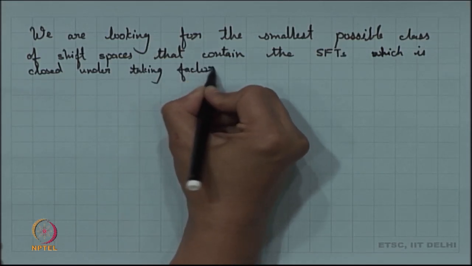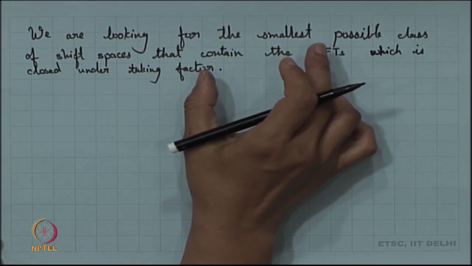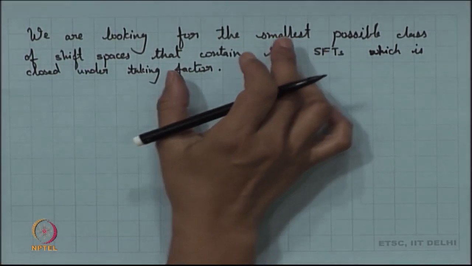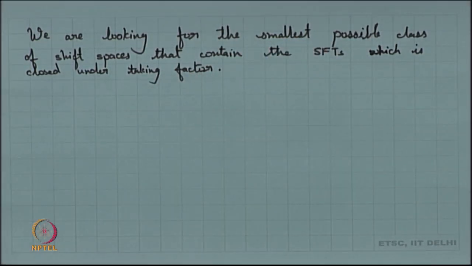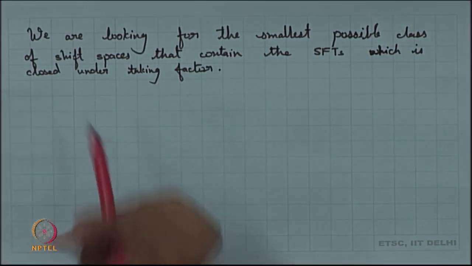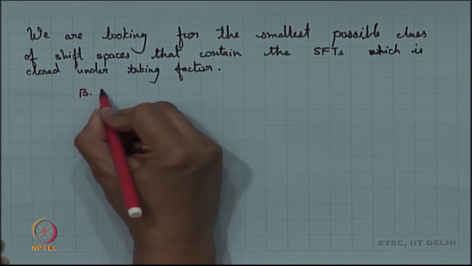So, if you take any factor of an element in this class, you remain in the same class. So, this was answered by B. Weiss. Very aptly, B. Weiss answered this.